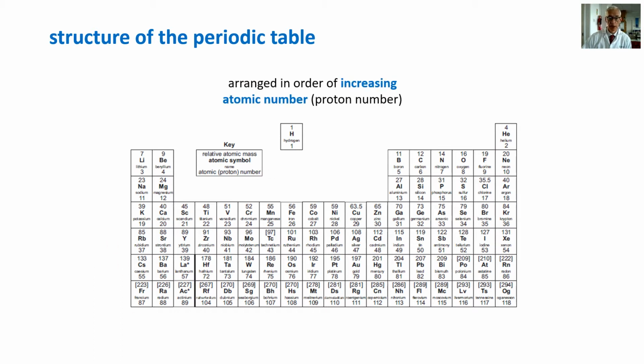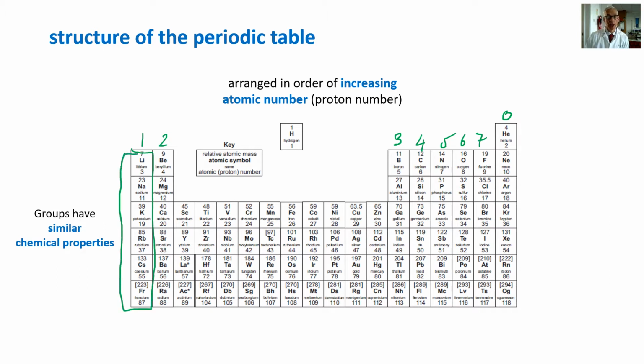We then, at pre-A level, will have met the idea of groups. So if you remember the numbering, group 1, group 2, group 3, group 4, 5, 6, 7, and 0. And of course the groups we study at pre-A level chemistry, because if we take, say, group 1, then we know that they've got similar chemical properties.